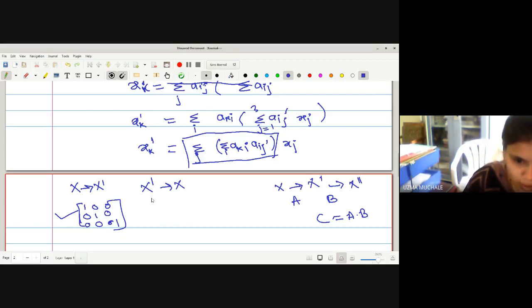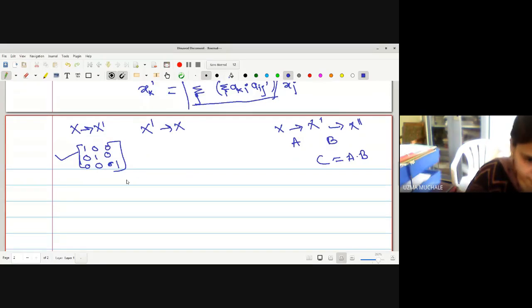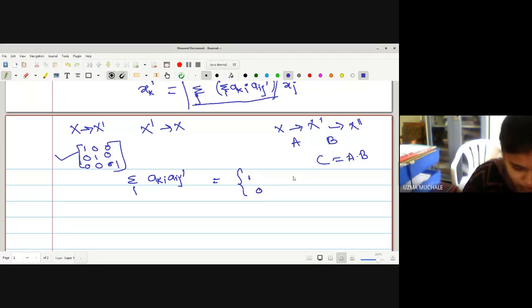Now, what we get, I can write this as summation over i of aki aij dash. It is equal to 1 if j equals k, otherwise if j is not equal to k, then it is 0.